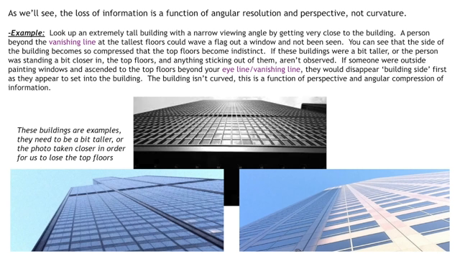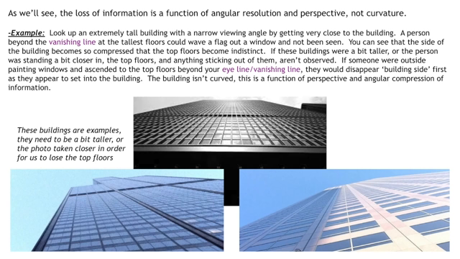If these buildings were a bit taller, or the person was standing a bit closer in, the top floors and anything sticking out of them aren't observed. So if someone were outside painting windows and ascended to the top floors beyond your eye line or vanishing line, they would disappear building side first as they appear to set into the building. The building isn't curved. This is a function of perspective and angular compression of information.